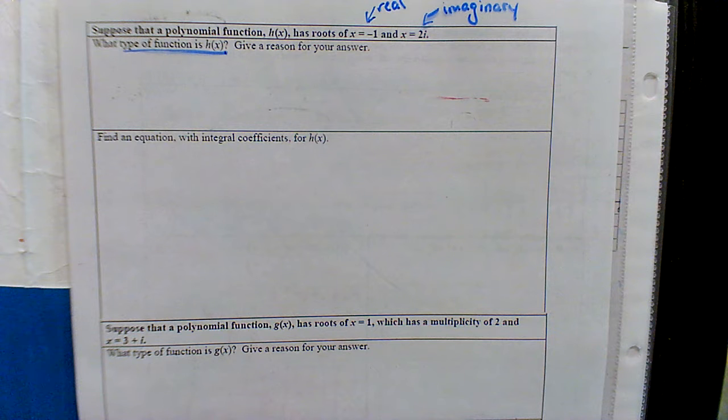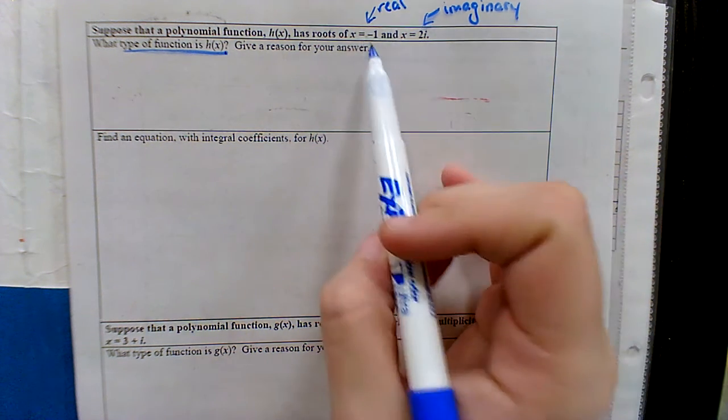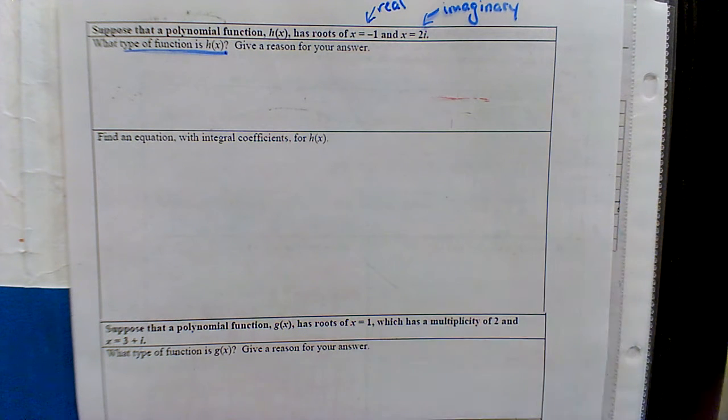A little tricky. Good, Marie? Quadratic? Why? Okay, they give us 2 of them, right? They give us this x-intercept and they give us that x-intercept, which is 2, right?